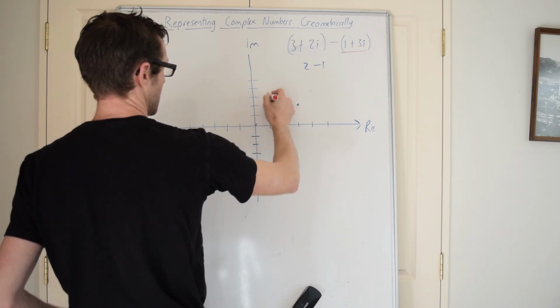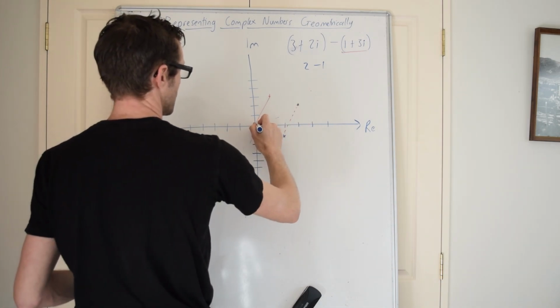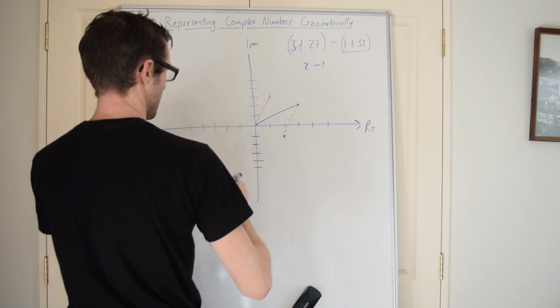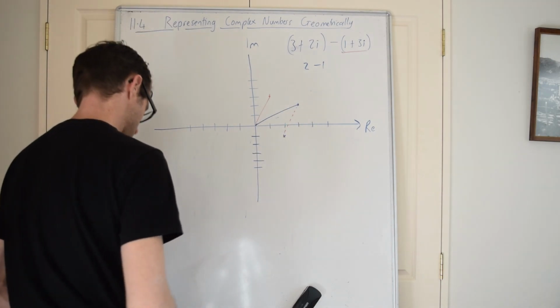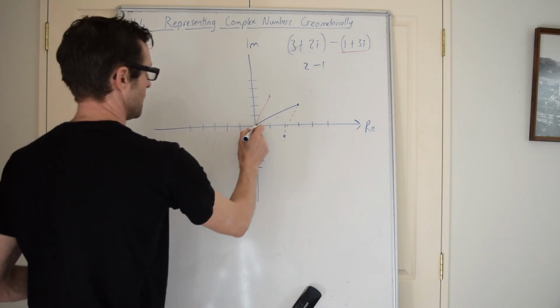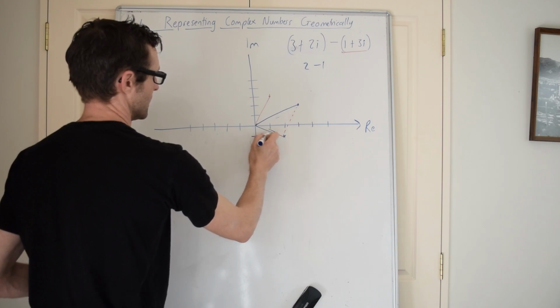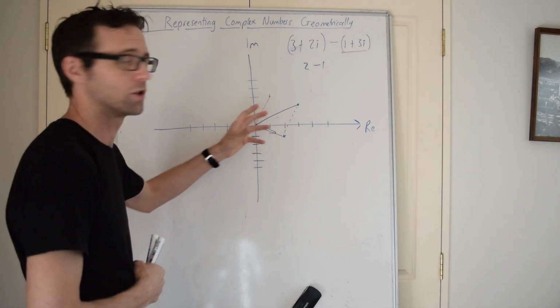So this bit here is being subtracted from this. So we go up to here and then down to there. Again, I think you can probably see this a lot better. So overall we're doing this. You can see this a lot better in your textbook. There's a good diagram there.